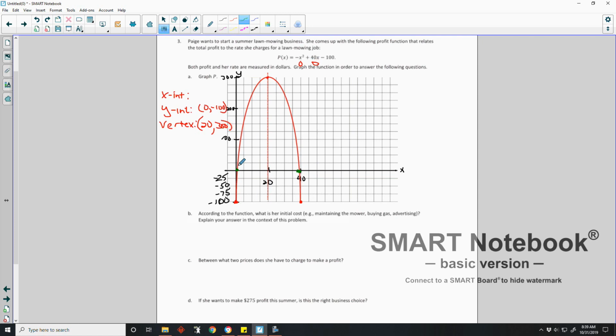Just a little less than 40 and a little more than 0, but we need to use the quadratic formula to do this.